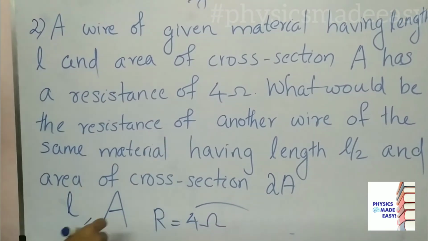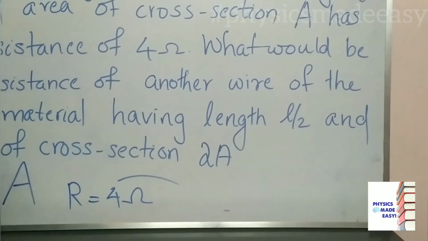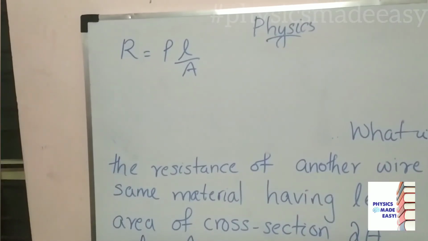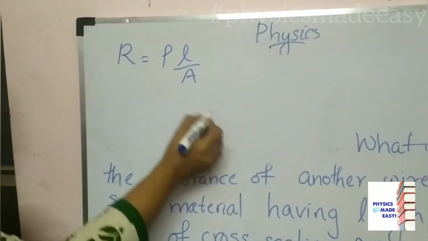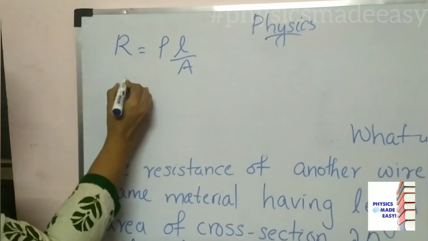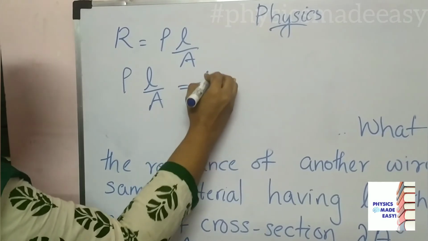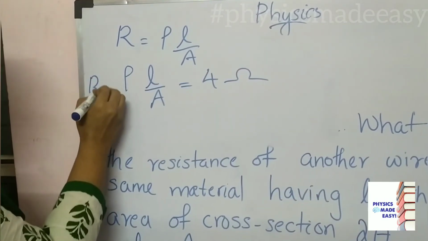So from this we know the equation for resistance, that is R is equal to rho L by A. Here it is given as resistance is 4 ohm. So we can write rho L by A is equal to 4 ohm, that is the resistance.